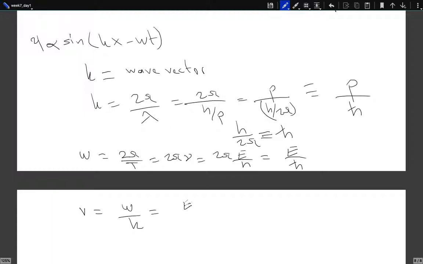Well, omega was E over h bar. k is p over h bar. So this is E over p, which is, let's say this is the phase velocity, c squared over v. Because v over c squared is just p over E.